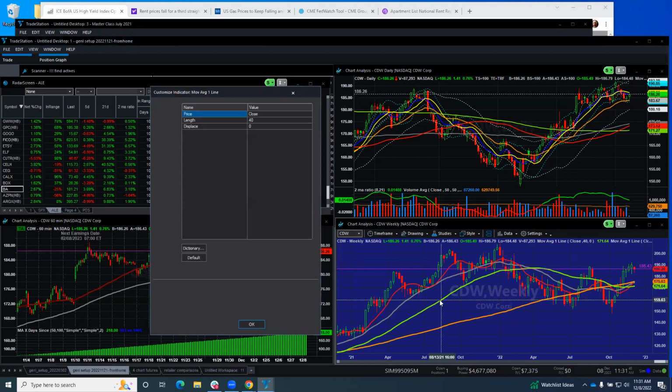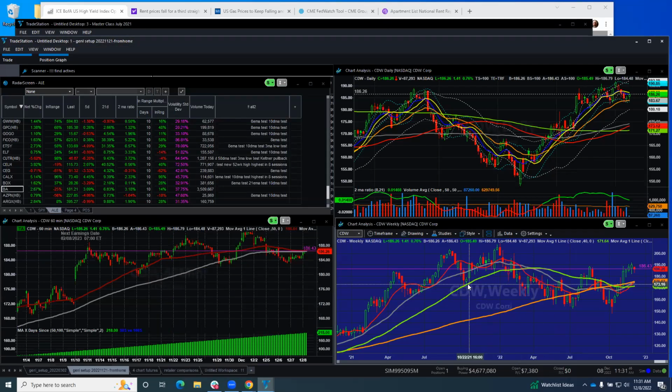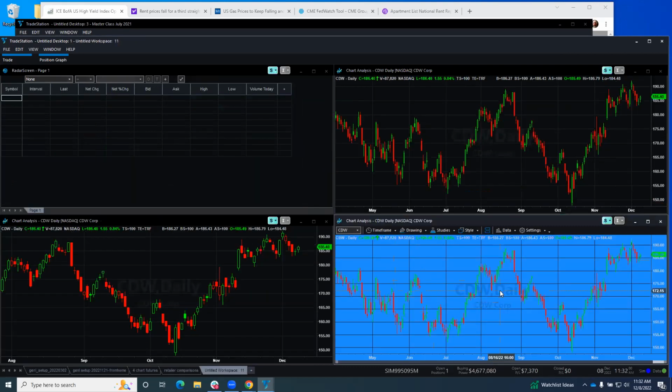It's basically 40. So I did my weekly using the same color, because 200-day for me is green. But then to see the daily on the weekly chart, I used a different interval. By color coding it differently, it allowed me to know that that's always weekly.